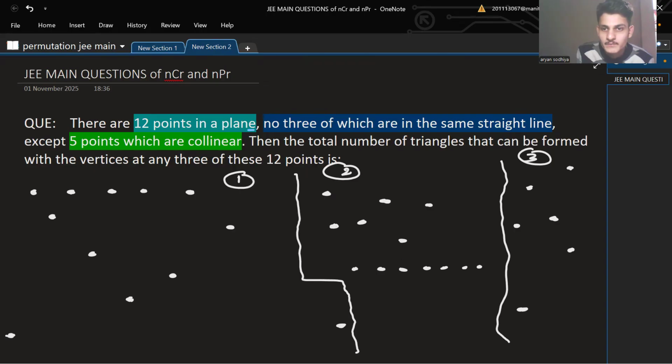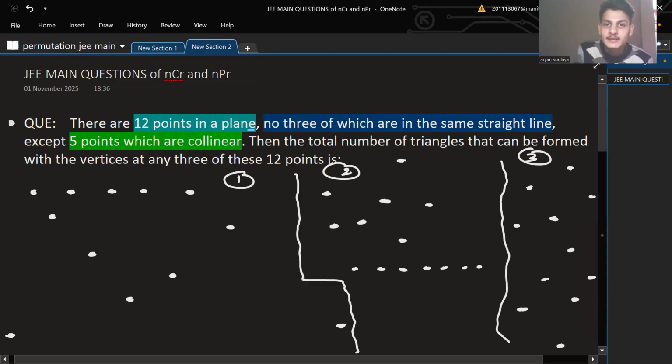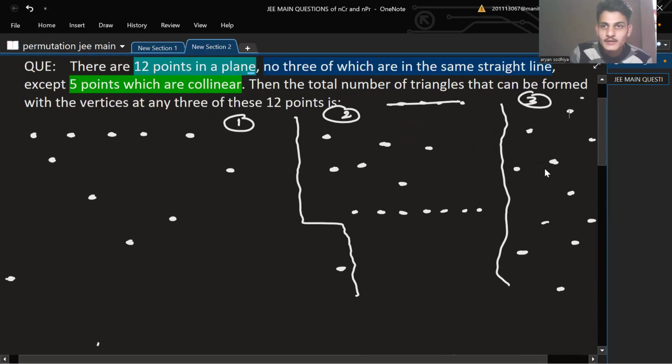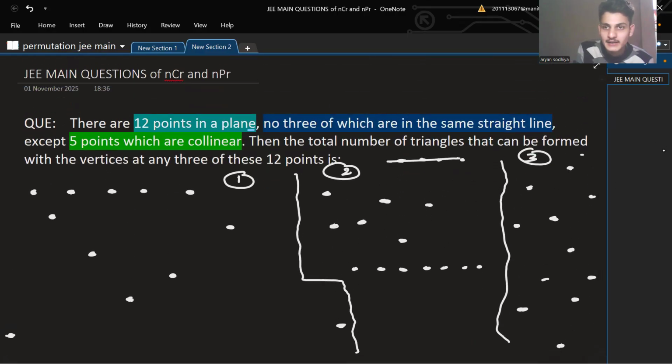Four, 5, 6, 7, 8. So these are all random points. No 3 points are collinear. Collinear means 3 points or more than 3 points lie in the same line. So in this case, no 3 points are in the same line. All the 12 points are scattered.